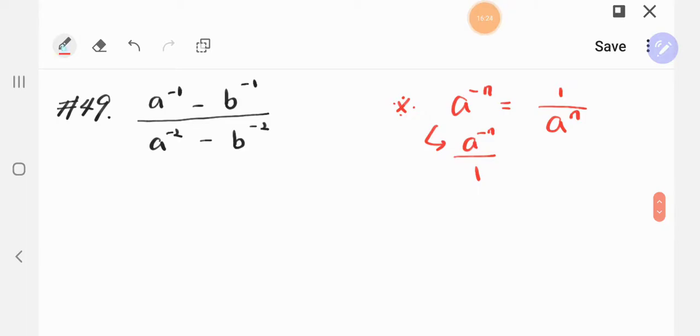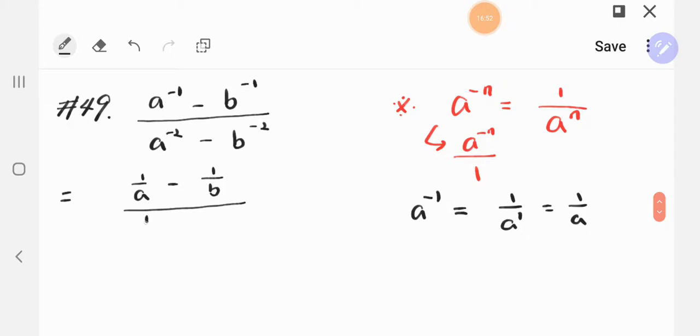So why don't we rewrite this complex fraction? So the a to the negative 1 power will be 1 over a. Here, a to negative 1 becomes what? 1 over a to the 1st power. So that is equal to 1 over a. All right, then b to the negative 1 power is 1 over b, divided by 1 over a squared minus 1 over b squared.